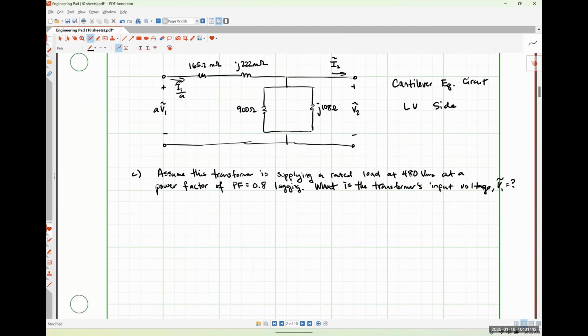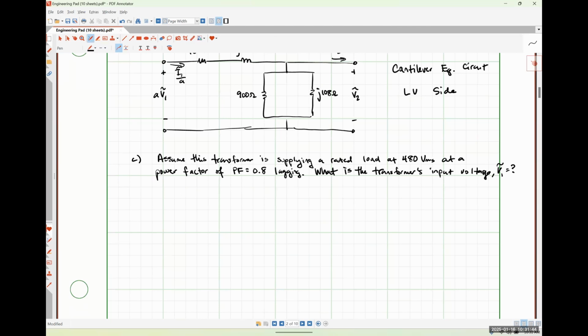So, anybody remember how we might calculate the complex power absorbed by our load? Let's start with what the complex power is in general.